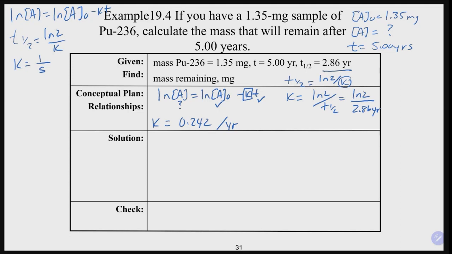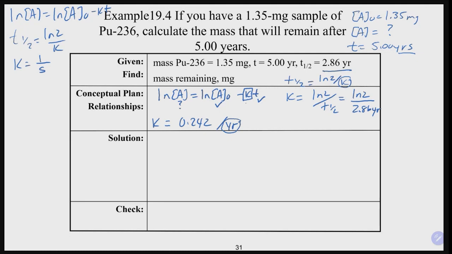This is also where we want to make sure that our time, which is in years, and our decay constant, which is also in years, are the same units. It's very common that they are in different units of time, so you have to do some type of conversion. In this case, we don't have to because they are both in years. So now we have everything we need.